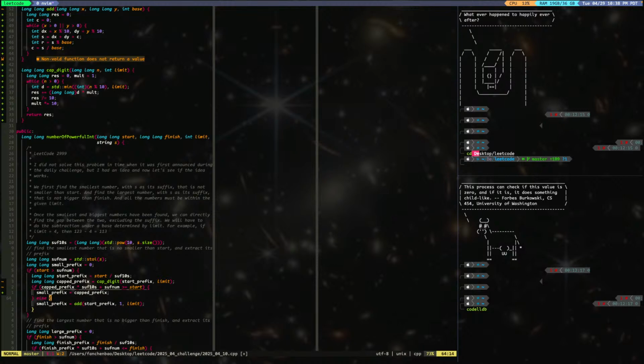Oh, so what you're saying is I'll compare the start prefix and the capped prefix. Can we just do that in the cap digit? Well, in cap digit, once we cap, it is guaranteed that it will be smaller, regardless, right? Yes. Once we cap, it's going to be smaller.